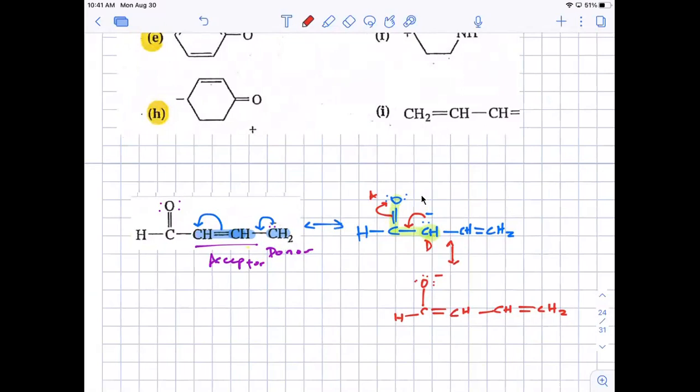Are y'all seeing that? I started out here, and then I have a form here and a form here. That's because the one question that always comes up is, how do I know when to stop? Or when should I stop? If you have a donor, you can add up the donors and acceptors, and it'll give you an approximate number of forms that you should have.